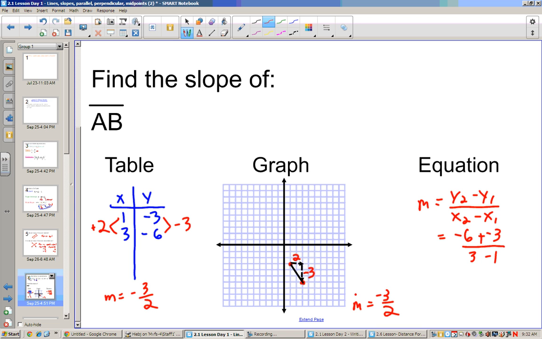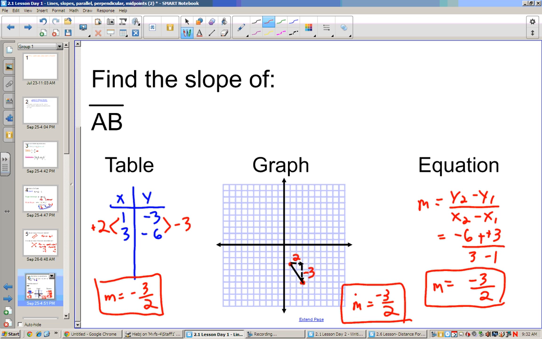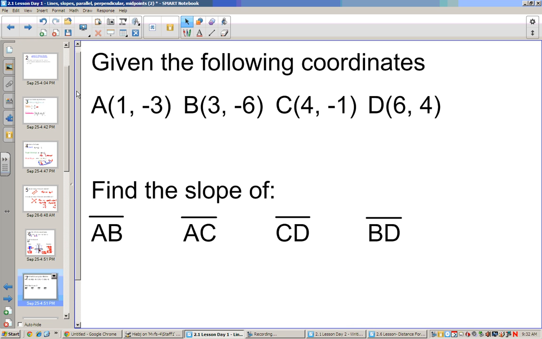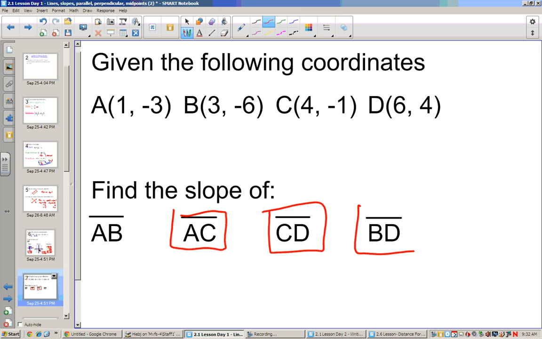Now a minus a negative turns to a plus, and again that's going to be negative 3. 3 minus 1 is 2. So here are 3 methods: using the equation, using a graph, and using a table. Whatever works the best for you, go right ahead and use it. Now I want you to take a minute, pause the video, and see if you can find the slope of AC, CD, and BD all on your own.